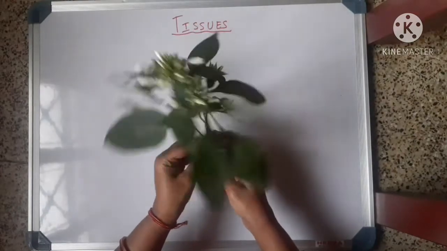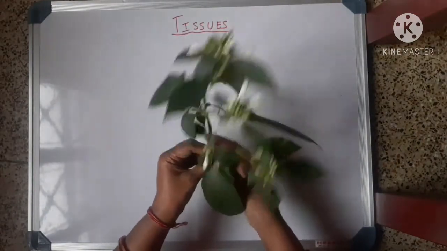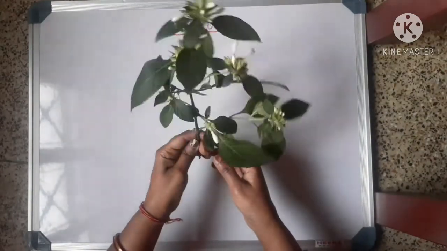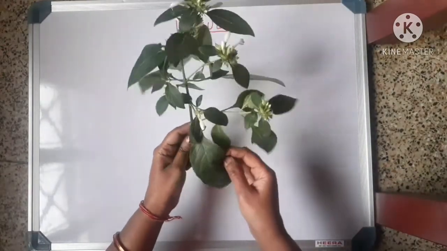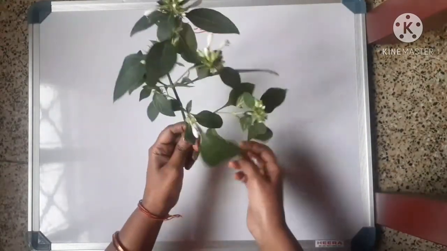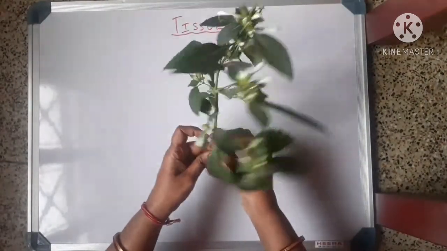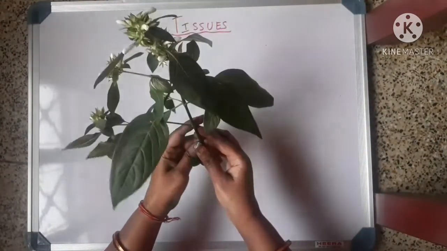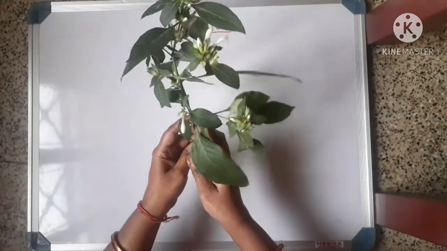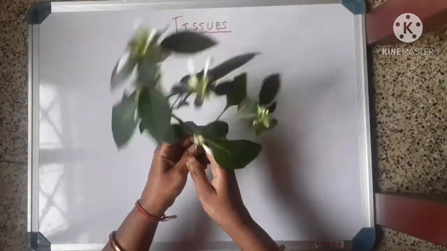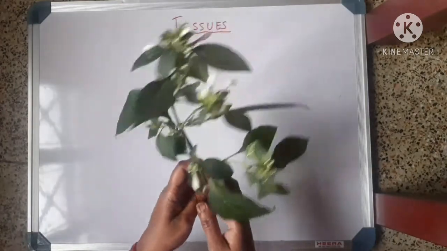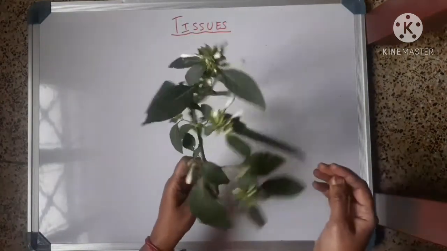Okay. Before starting off with plant tissues, I would like to show you a general idea of what kind of tissues are found in what regions of a plant. I have taken a twig here. It's a part of a stem. Now the plant tissues are broadly divided into meristematic tissues and permanent tissues. Meristematic tissues consist of actively dividing cells.